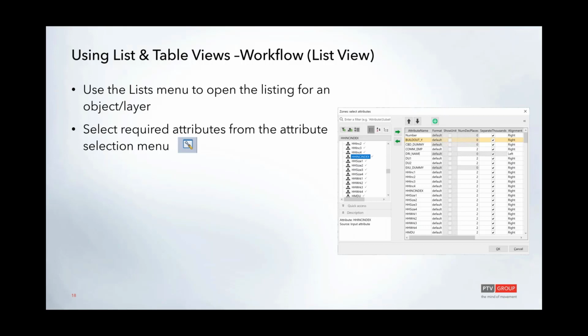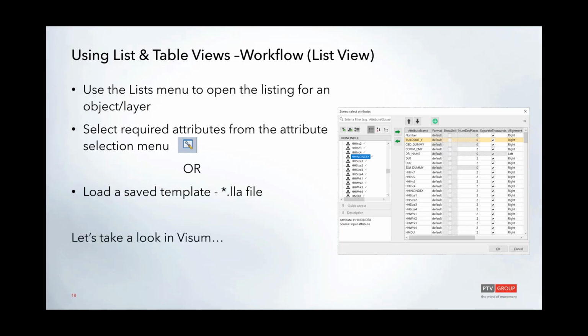So this way, when you bring in the listing or attribute selection, you'll see some attributes over here on the left-hand side, which can potentially be shown, and the right-hand side, which actually show up in your list view. So you can restructure this list view as you like, and then you can save that as a template so that you don't have to make this selection over and over again when you bring up this list view the next time over.